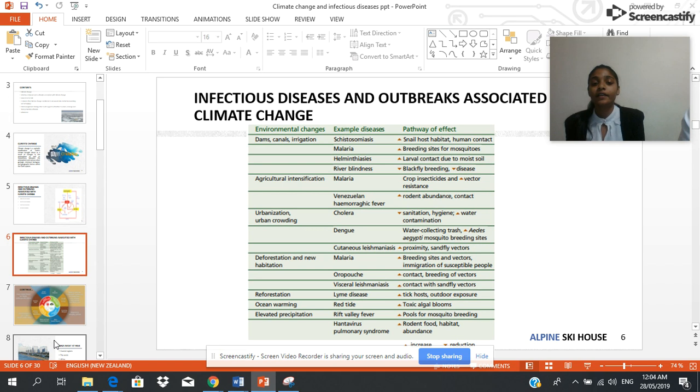So it can easily lead to vector-borne diseases such as schistosomiasis, malaria, helminthiasis, and river blindness. The second is agricultural infestation, which can also cause malaria and Venezuelan hemorrhagic fever. Urbanization and urban crowding because of population can lead to cholera and dengue outbreaks as well. Deforestation and new habitation can lead to malaria and oropouche, and reforestation can lead to Lyme disease.